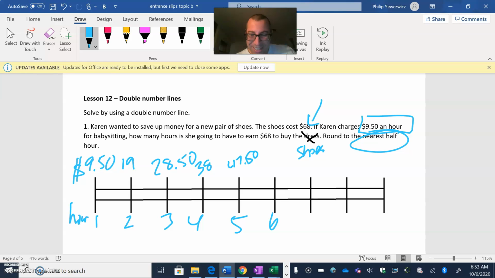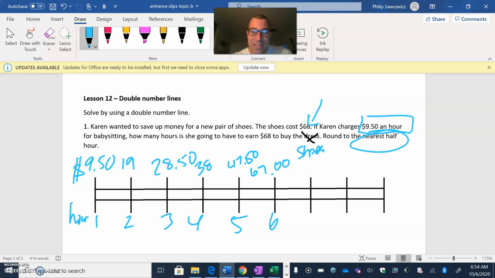Add another $9.50 on. And now we are at, let's see here, 38, 18, 19. Oh my goodness, put down the zeros, carry the 1. See the mental math here, people. $57. Okay, so we're close, but is it enough?